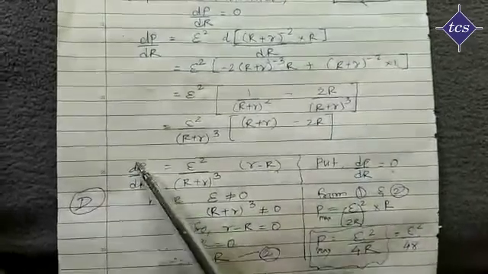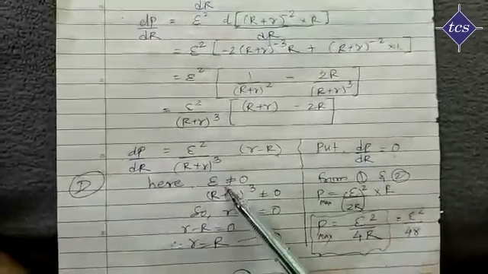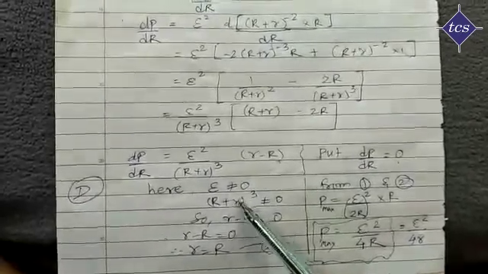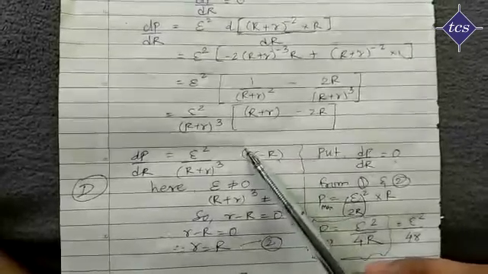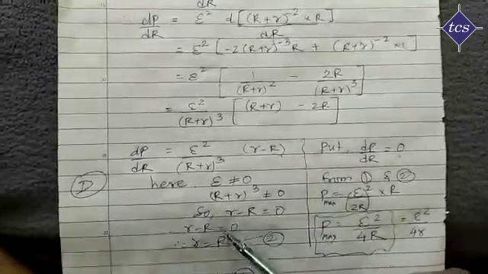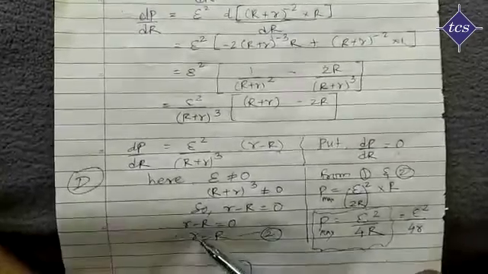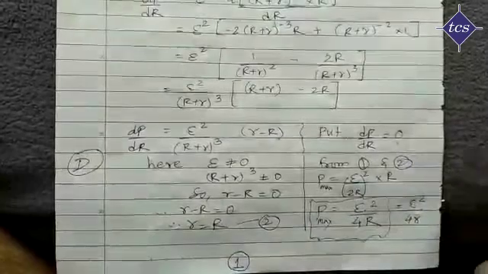So LHS will be 0, but on the RHS, E cannot be 0, and R plus r, the equivalent resistance, cannot be 0. So this term must be equal to 0. So r minus R equals 0, so R equals r. At this condition power will become maximum.